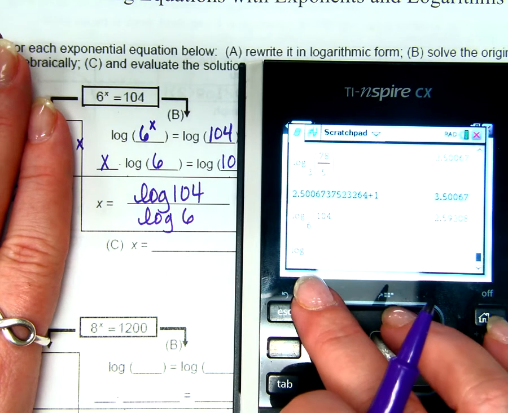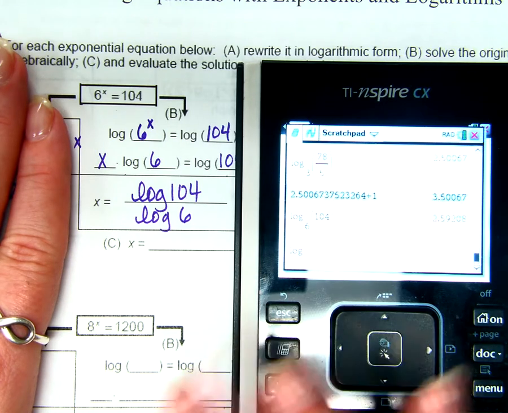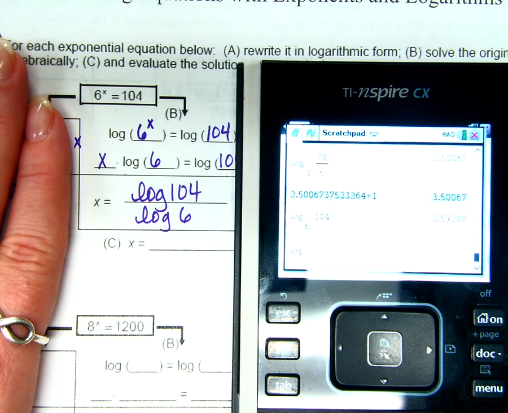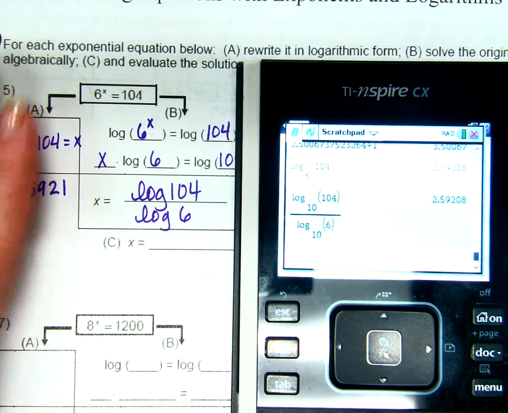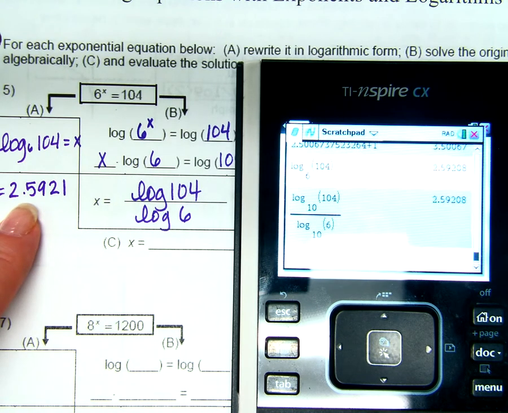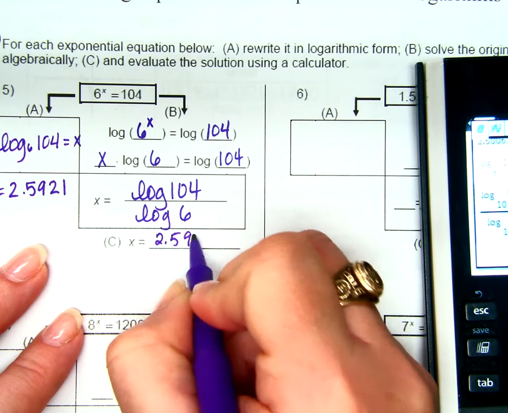Why don't I have to put a base this time? It's already base 10, right? I purposely took just log, which means log base 10, correct? Divided by log of 6. Oh, look, it's the same: 2.5921.